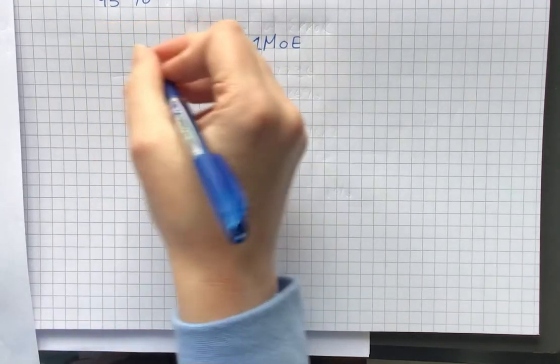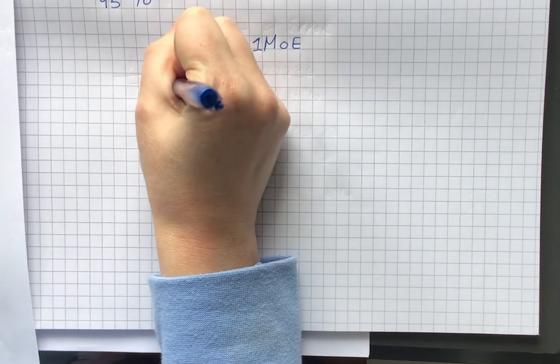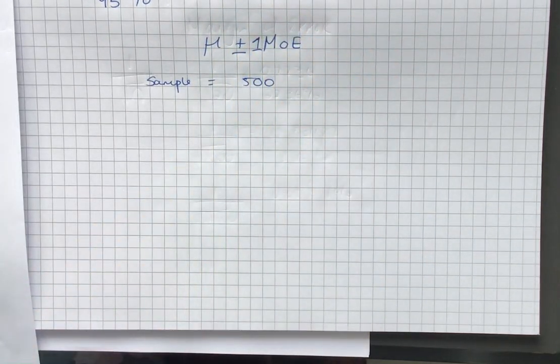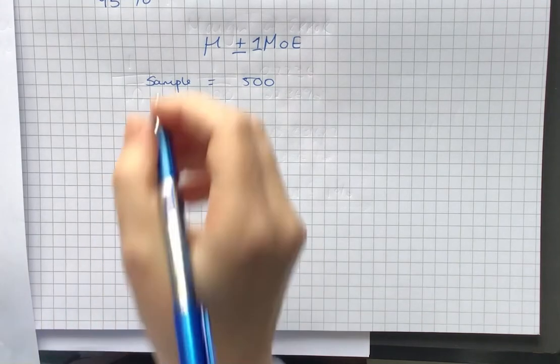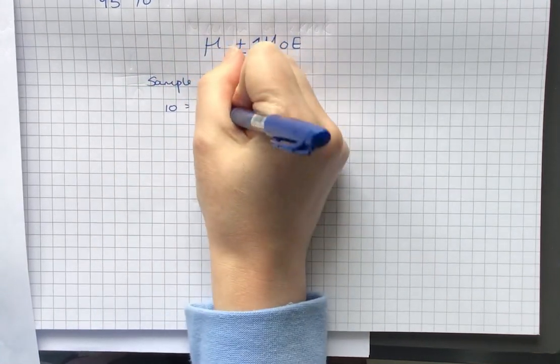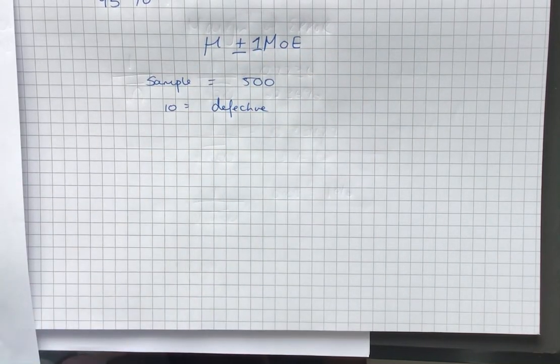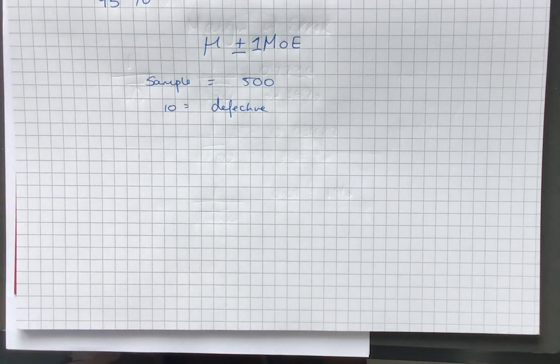So they've done a random sample of 500 parts. They're going to check and see out of those 500 parts how many of them are defective. And they actually find that 10 are defective. They want us to construct a 95% confidence interval for P, the proportion of all components that are defective.